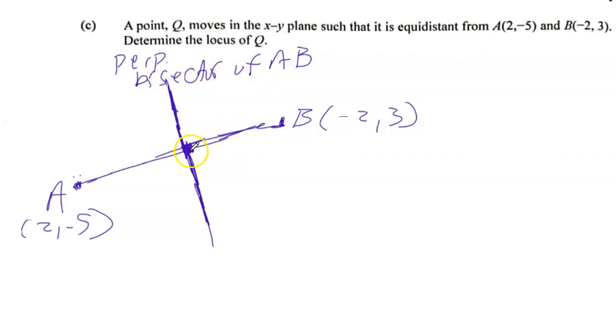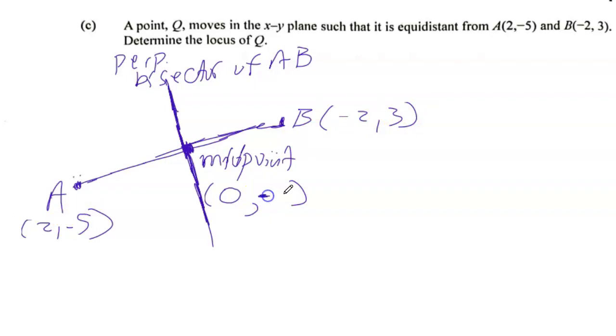Now to find the perpendicular bisector of AB, we need to find the midpoint. For the midpoint of AB, you simply add the two x values: you get 0, divided by 2, that's 0. If you add the two y values, that's -5 plus 3, that's -2, divided by 2, that's -1.